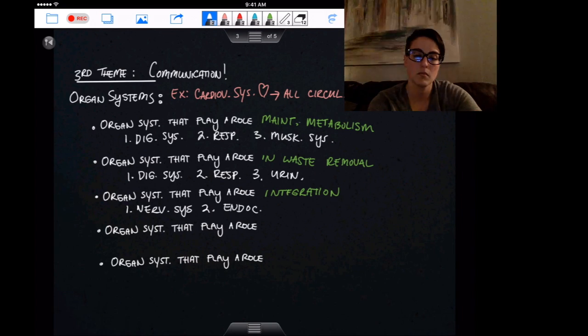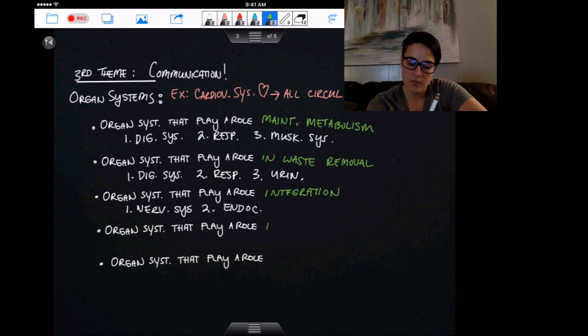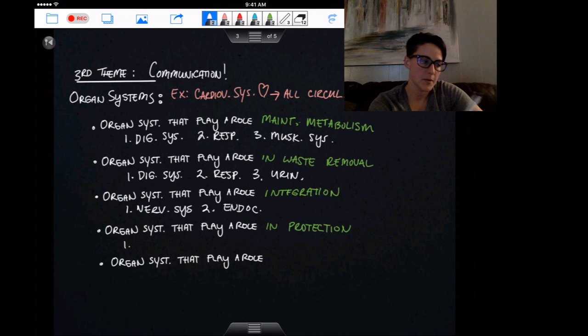The endocrine system is one that produces all our hormones and also plays a role in many other things in our body. So an organ system that plays a role in protection. What about immunity?